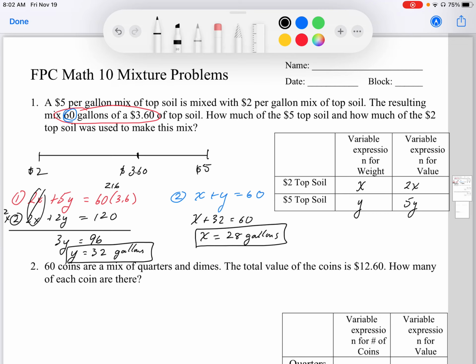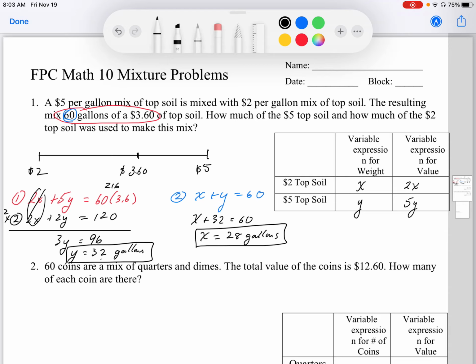And we're going to see if that actually works out. 28 gallons times $2 is going to give us $56, and 32 gallons times $5 is going to give me $160, and adding those together, we get the total of $216. So there's our solution.